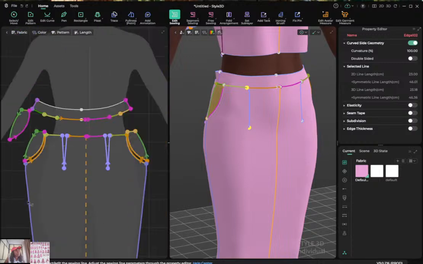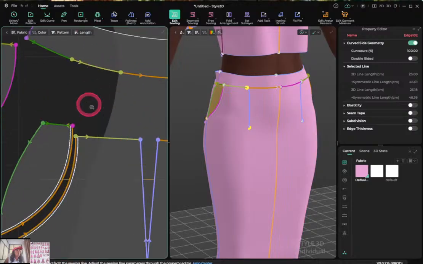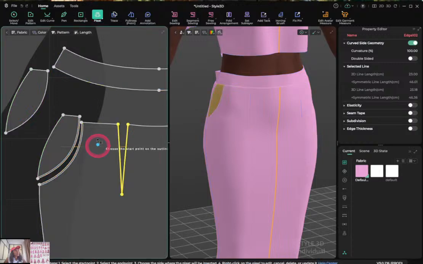Okay, so we are back to where the skirt was normal. So I moved the pleats. I mean, I moved the darts, but I still don't have space.